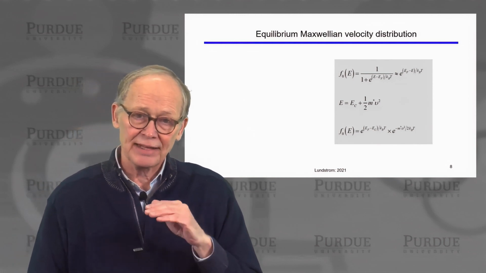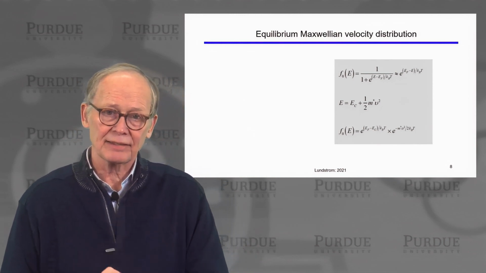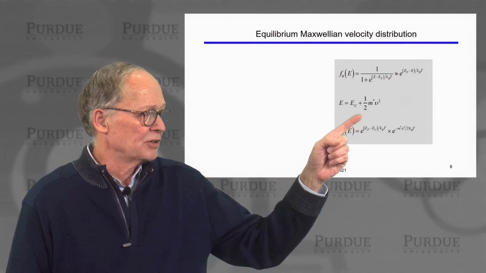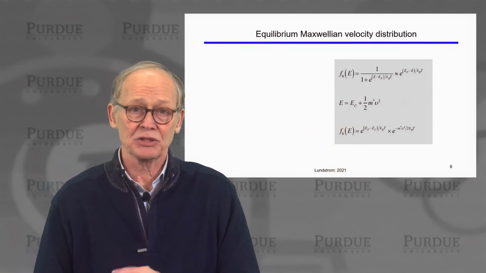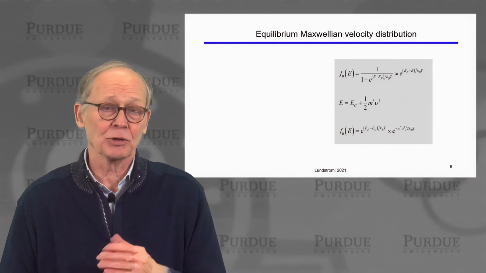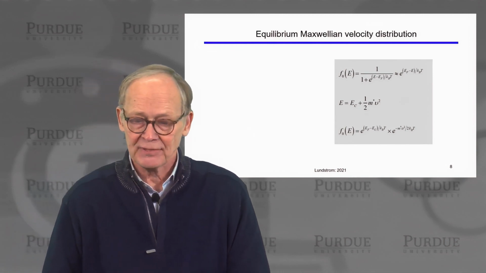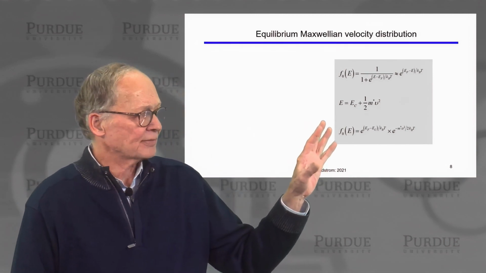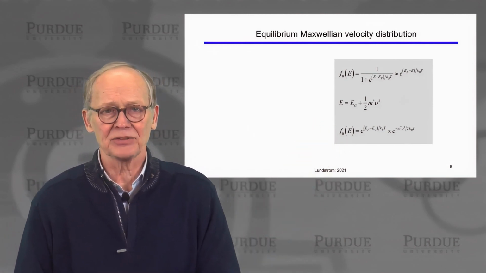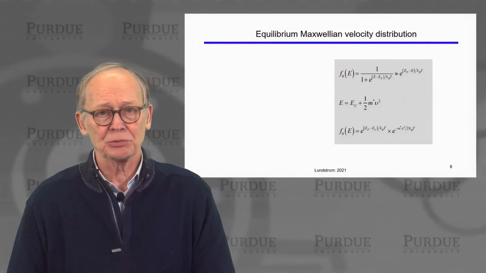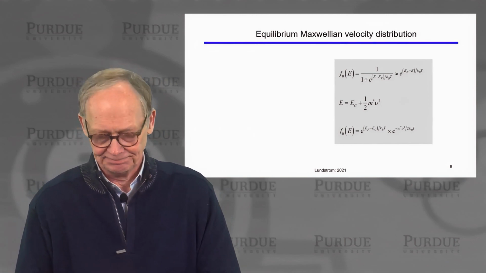Remember also that the energy of an electron in the conduction band is the energy at the bottom of the conduction band plus its kinetic energy, which is 1/2 mv squared for a parabolic band. So the result is that these electrons are distributed in velocity space in a Maxwellian distribution of velocities.